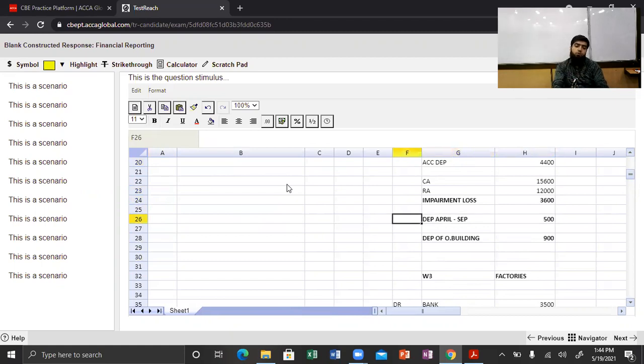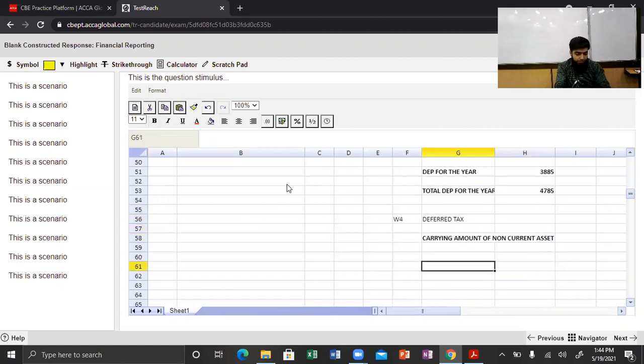It means the carrying amount of the office building is 12,000 minus 500.